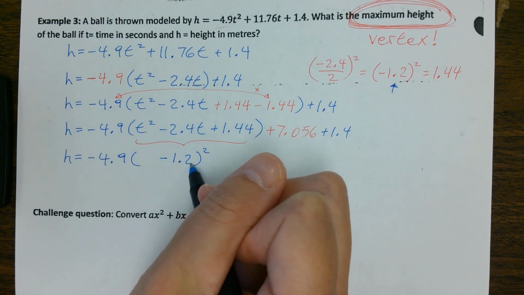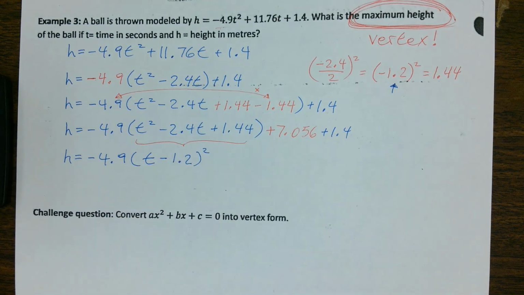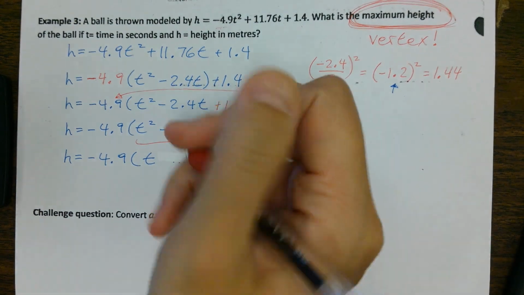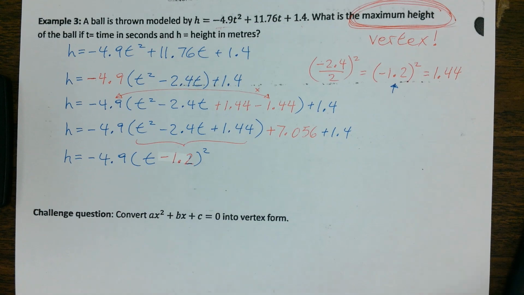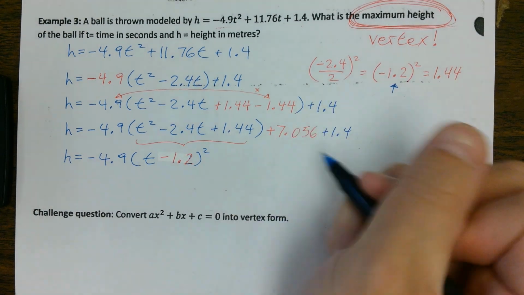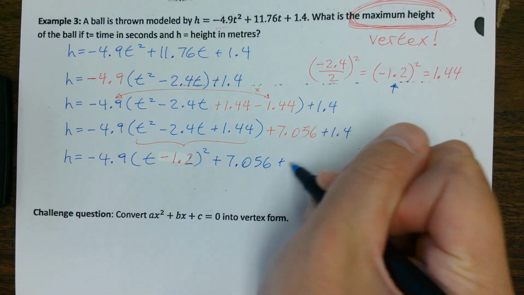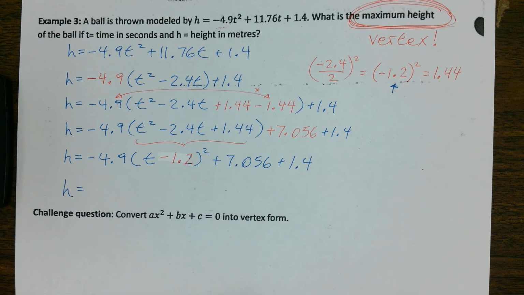Right. All right, but what variable are we using here? Oh, t. That's right. Okay, so t minus 1.2. Whoops. I keep forgetting to use red pen for this part. Okay. Just so that it's easier for you guys to see the steps. Okay, plus 7.056 plus 1.4.